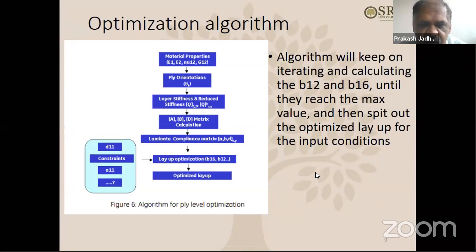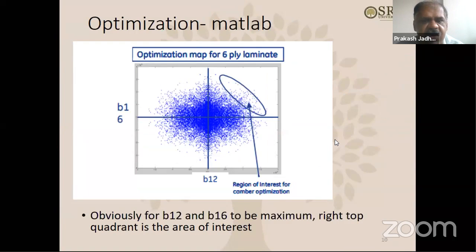So let's see what it shows like. Every dot means one single iteration, for a typical load and a simple layup you have. So you keep on doing these iterations for the inverse matrices, and for maximizing B12 and B16. As you can see, every dot represents one iteration, so you can see the values of B16 and B12.